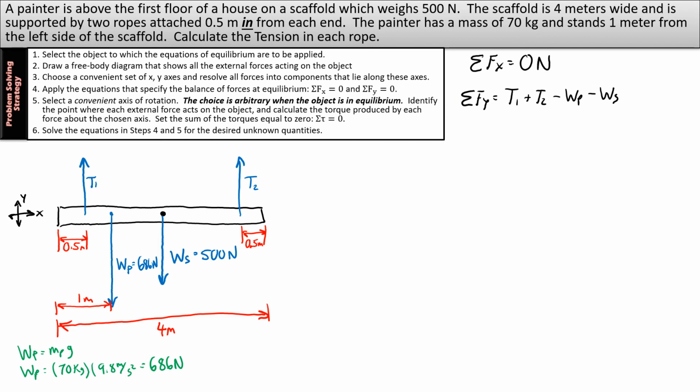We're going to have to analyze the torque. So step 5 says select a convenient axis of rotation. And it doesn't really matter where. You don't have to pick the same one as me. But let's choose. We definitely want to choose an axis that goes through one of our unknown forces, because again, we want the torque of that force to be equal to 0.